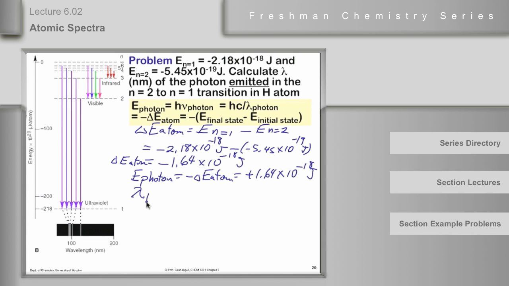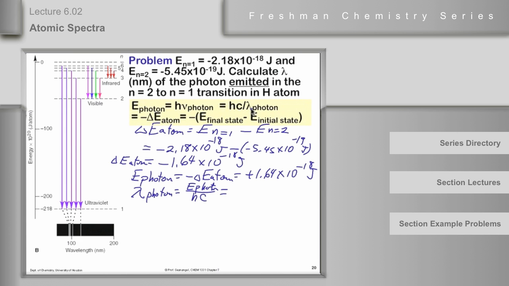Lambda of the photon is equal to E of the photon divided by hc, right? And that is, I'm sorry, I've got it upside down. Lambda of the photon is on the bottom here.